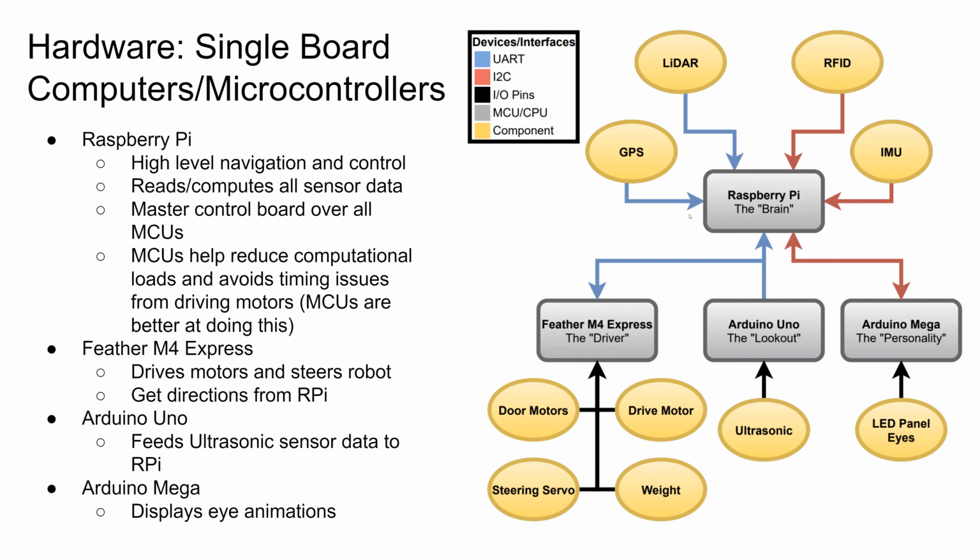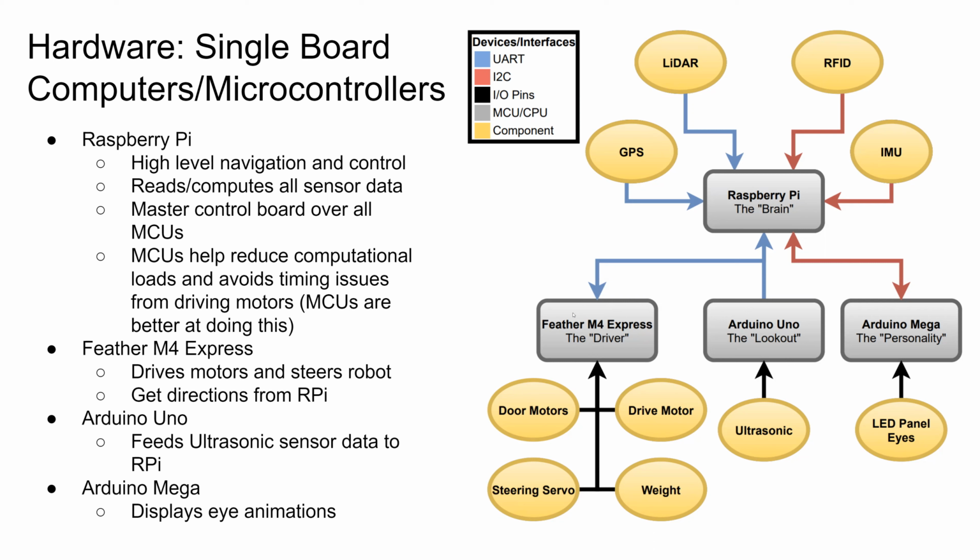So the Raspberry Pi would read the GPS data, the IMU data, and the LiDAR data, and it would determine which direction to steer. And it would feed that information to the Feather M4, which had direct control of the drive motors and the steering servo.